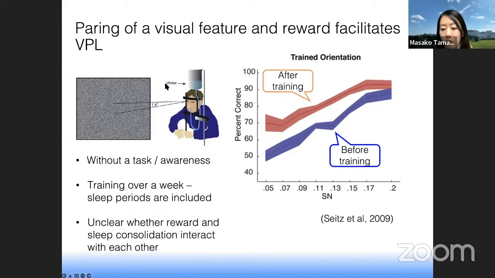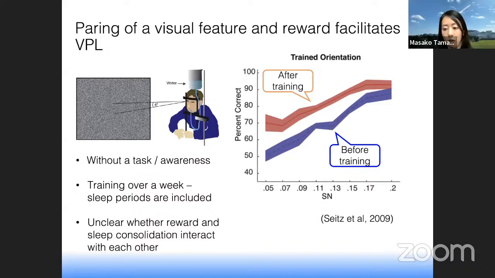In this previous research by Seitz et al., subjects were passively viewing oriented stimuli presented in the center of the display. There was no active task that subjects had to engage in during the training session. It was just passive viewing.